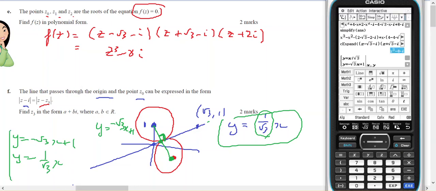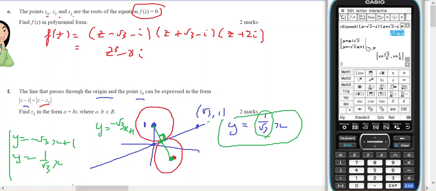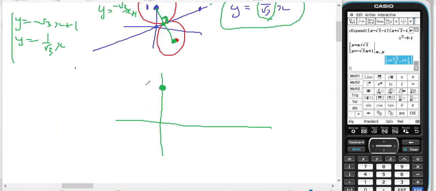Solve for x, y, and on my calculator, that gives me that. That point is at 0, 1. And I know that the midpoint is at root 3 on 4 and 1/4.